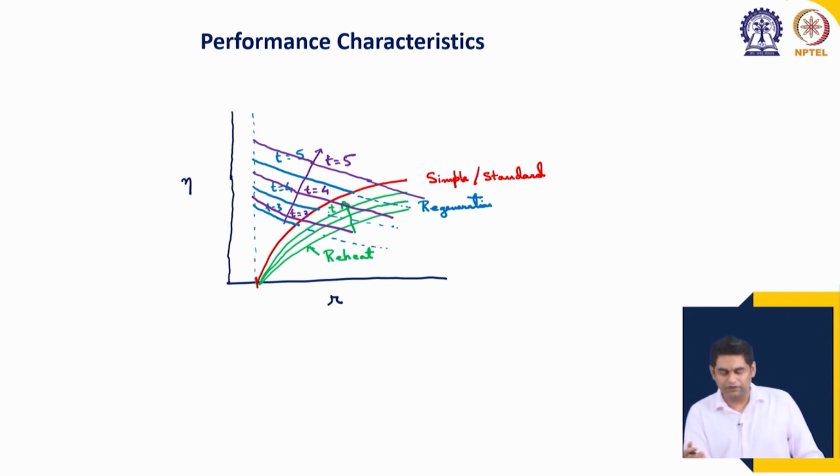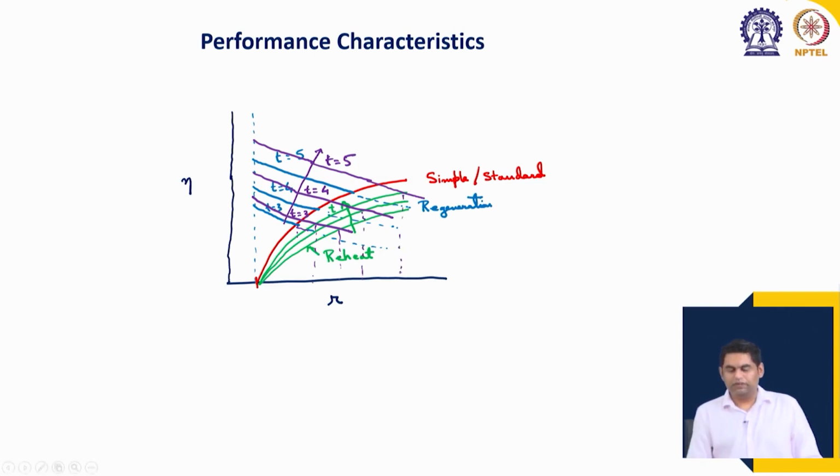Think about the reason, because why are we getting contradictory behavior? And you can find the crossover points. For these reheating cases, this will be the crossover; similarly, this will be a crossover point and this will be the crossover.